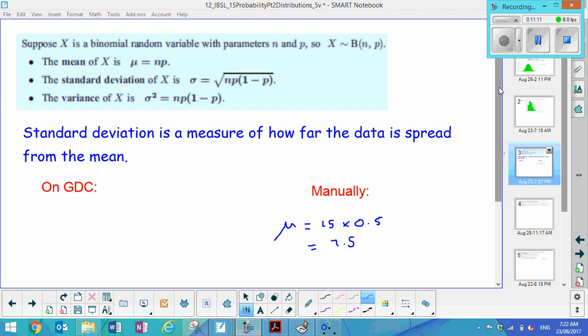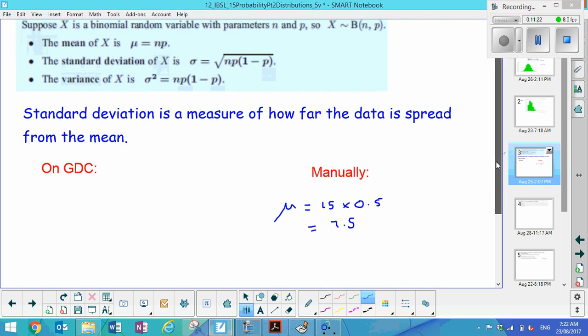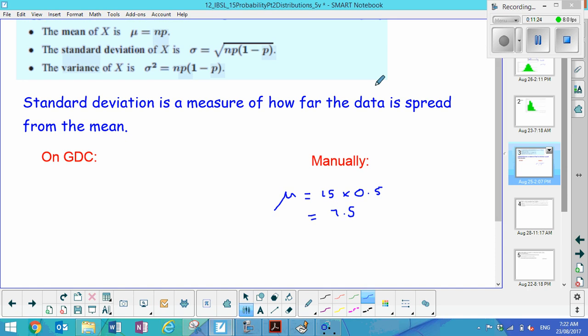Sorry about that. We can also calculate the standard deviation, and we can see the formula here, which a lot of you discovered in the trial but weren't able to use, because this is where we use this formula for the standard deviation in a binomial distribution.